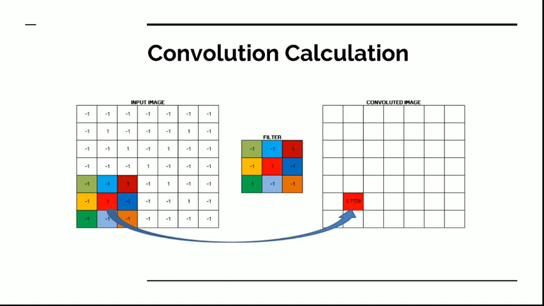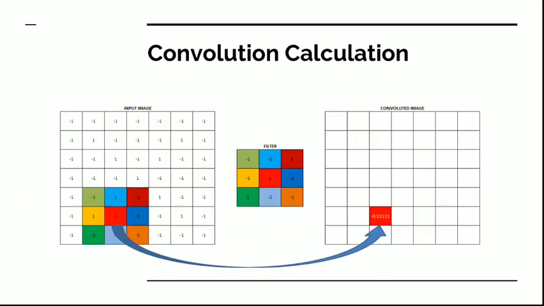Like that we multiply all the corresponding cells, take the sum and divide it by 9. We divide by 9 because we have 9 cells here, so we are finding the average. If we do that calculation, we get the value 0.7778. This is how we find the value of each cell in the convoluted image.